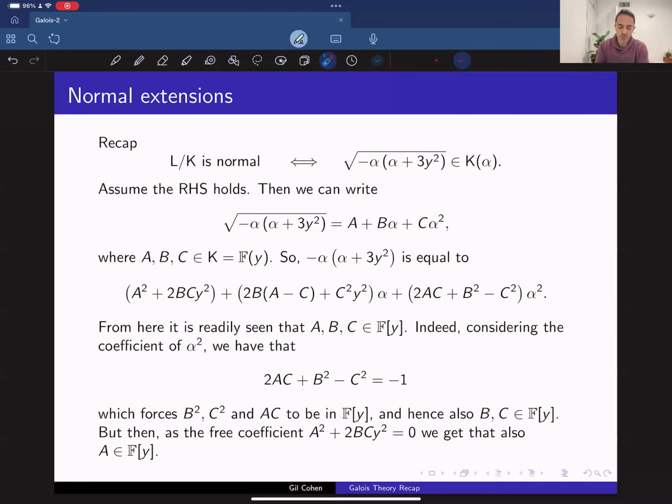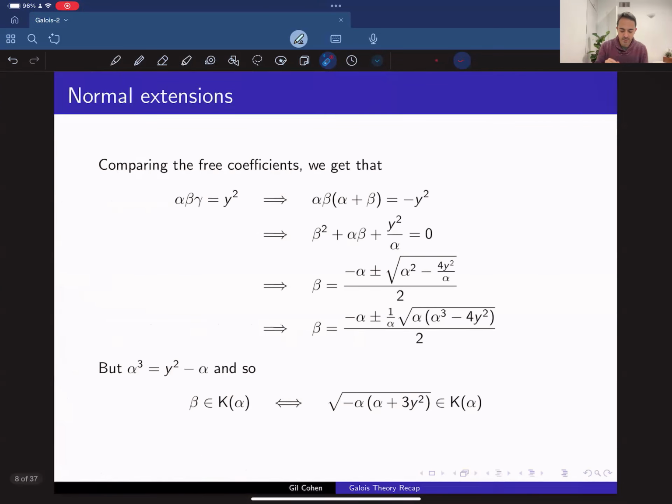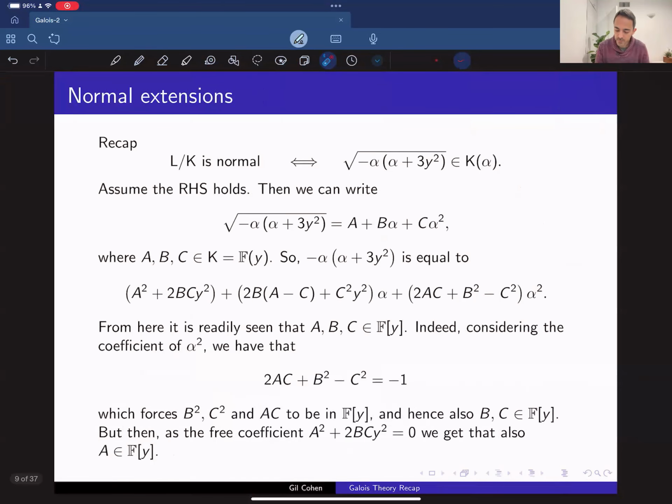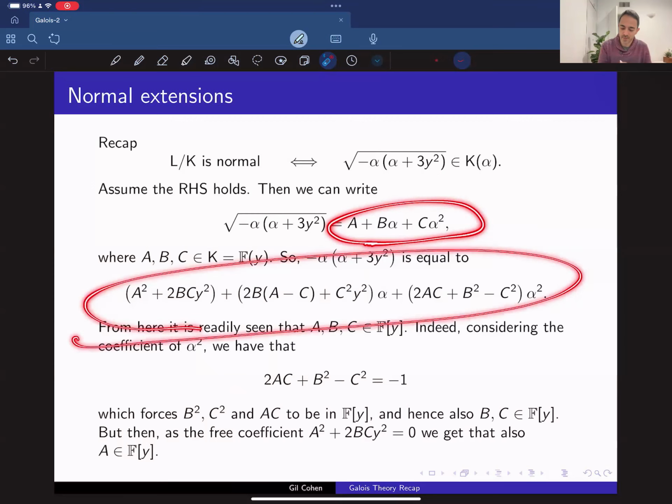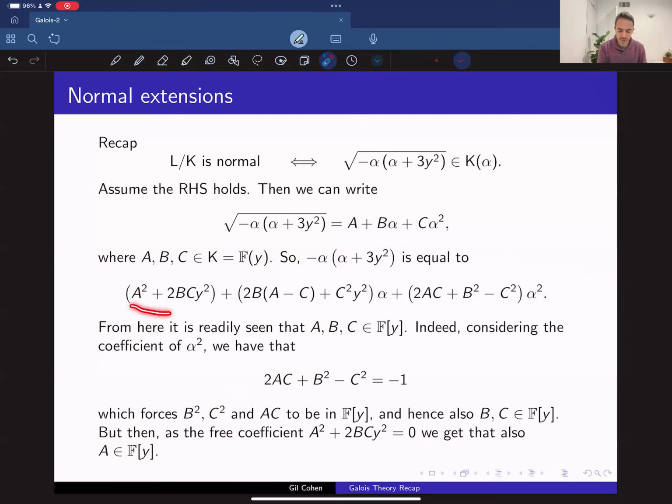If you take a power of 2 on both sides, then on one side you'll get this expression. On the other side, you need to take this to the power of 2, also modding out by alpha cubed equals y squared minus alpha. If you do it carefully, you will get the square of this is this thing. I wrote the coefficients of alpha to the 0, alpha to the 1, alpha squared.